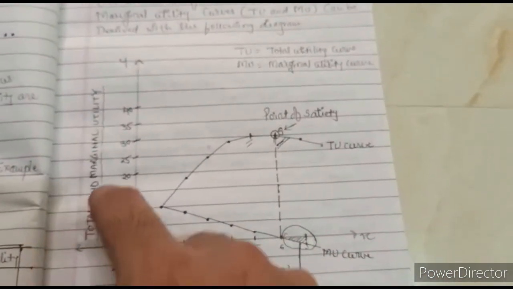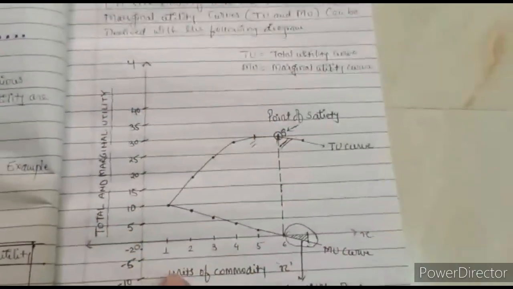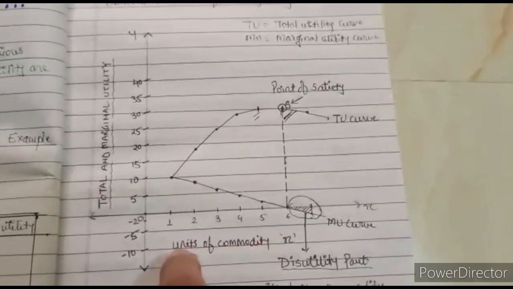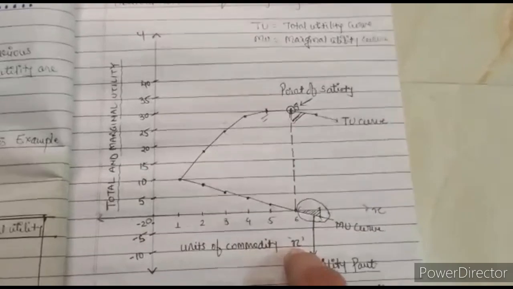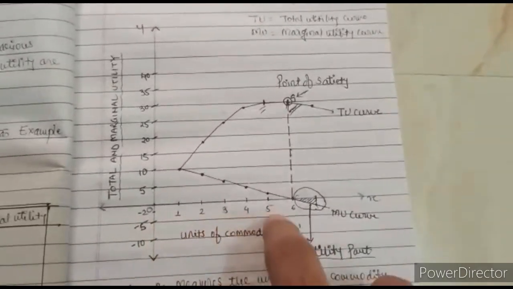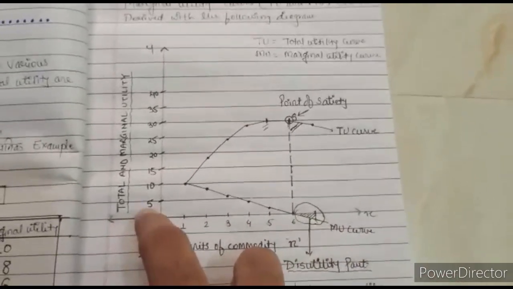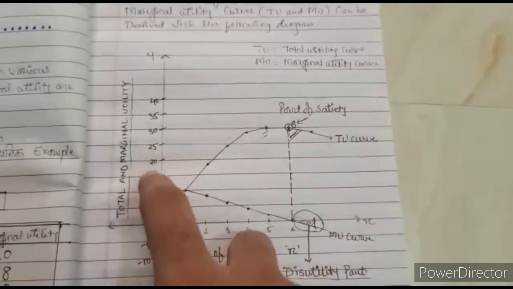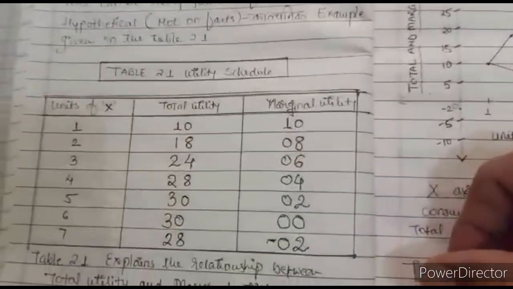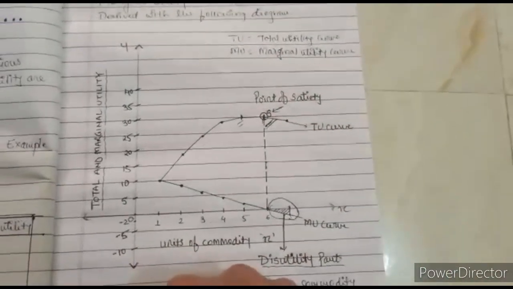On the y-axis we are showing total and marginal utility, and on the x-axis we are taking the units of commodity x, that is mangoes. How many mangoes? 1, 2, 3, 4, 5, 6, 7, and we are assuming the numbers 5, 10, 15, 20 and so on till 40. Based on this table, we have made the diagram.